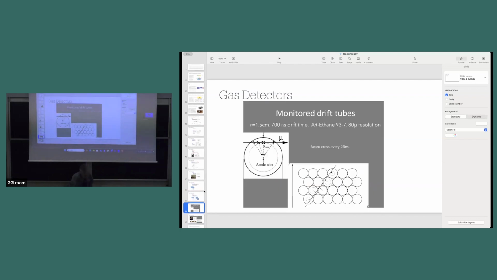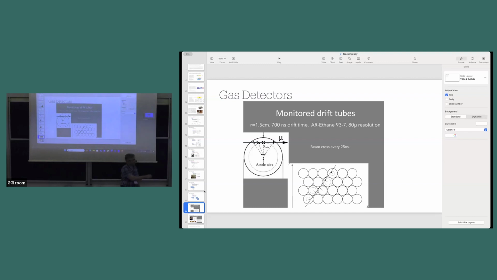So you can put wires at different angles and play the same game to measure the second coordinate as well. One of the more recent things is the ATLAS drift tubes, which are still in use today and collecting data. As the particle comes through, you measure how much time it takes from the start of the interaction to when the signal arrives at the anode wire.